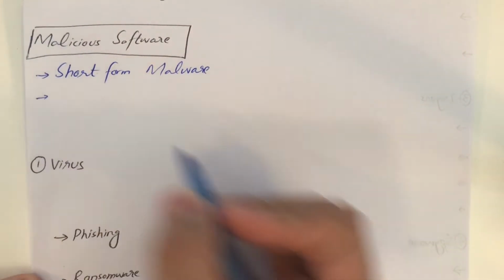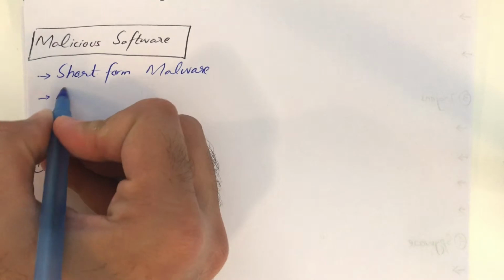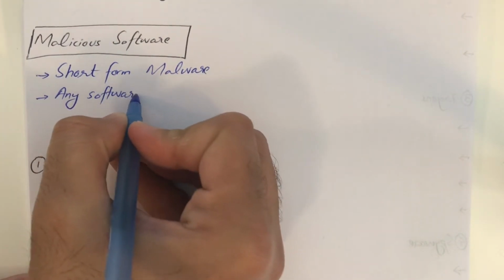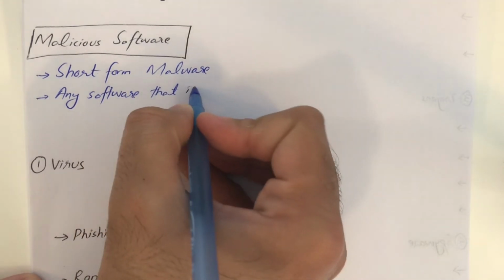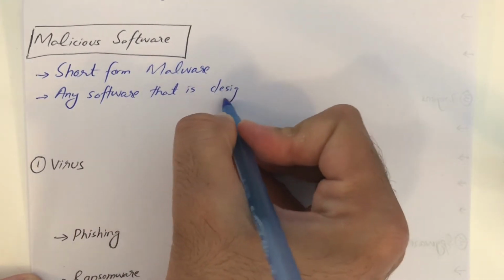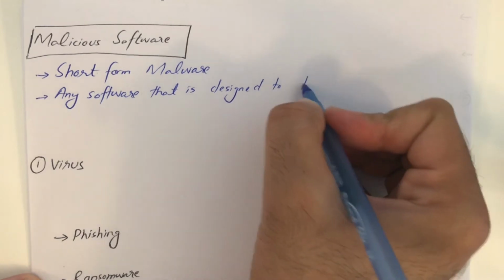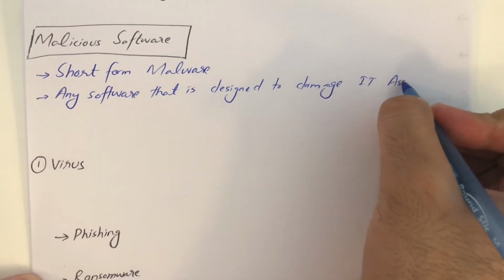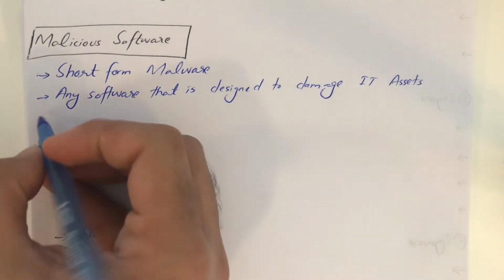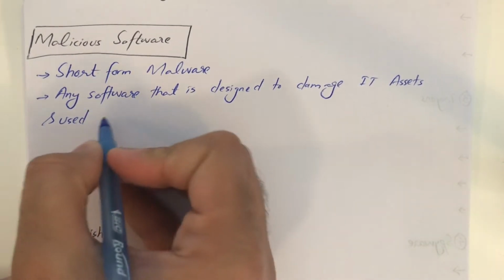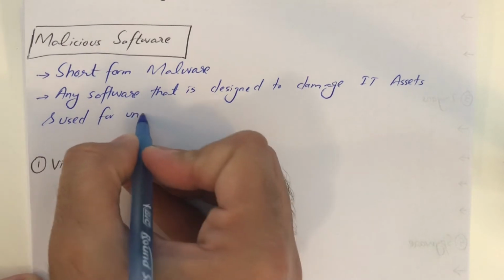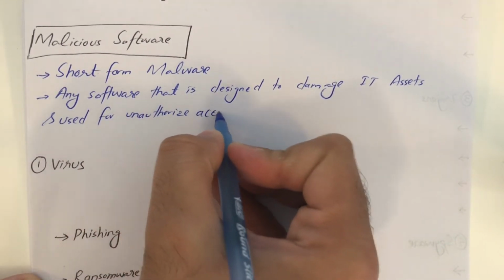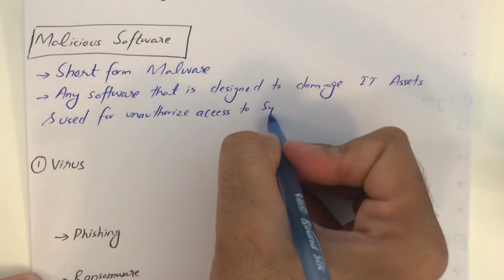And if you want to define what a malware is, malware is any software or program that is designed to damage IT assets and used for unauthorized access to systems.